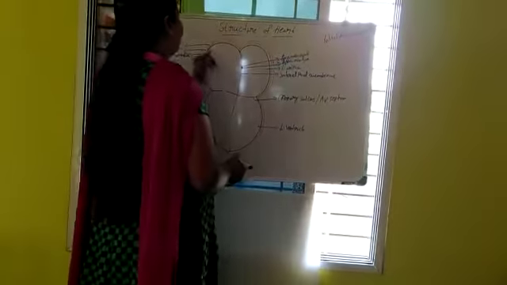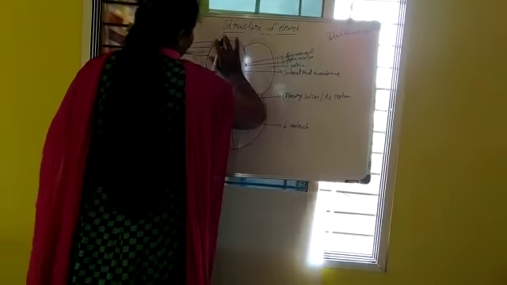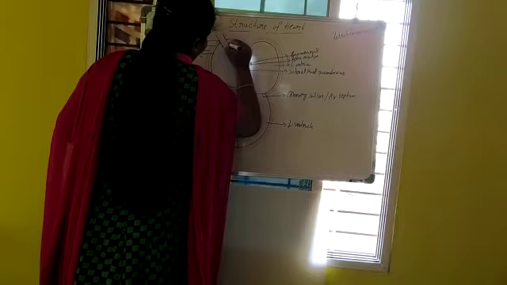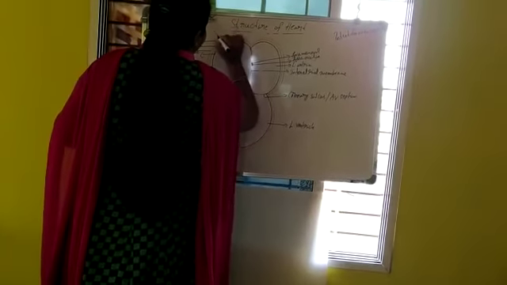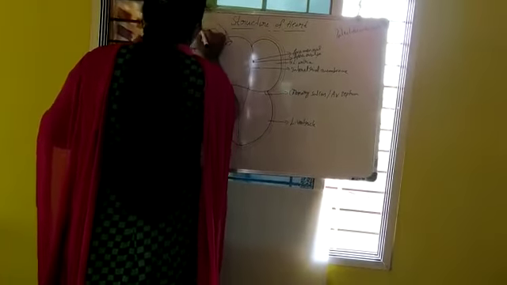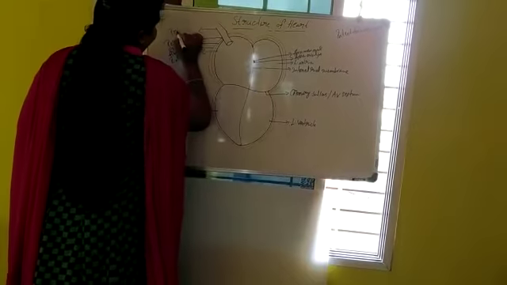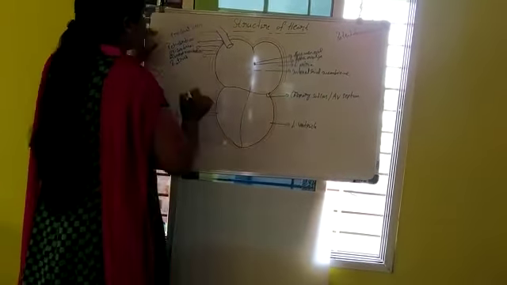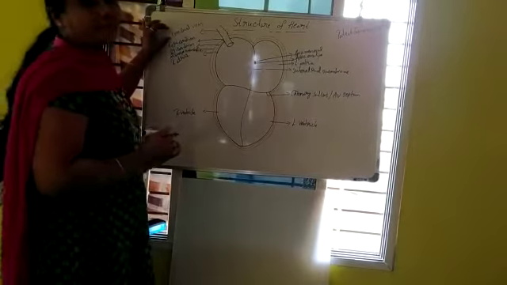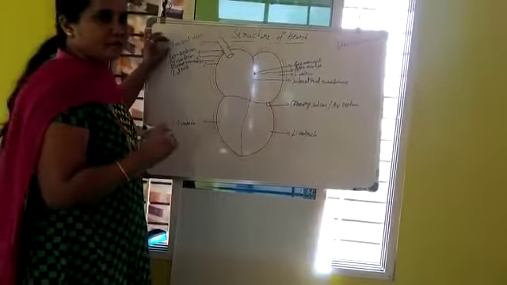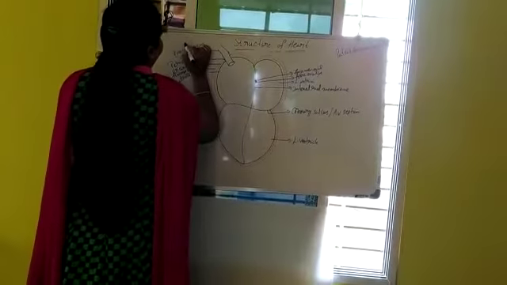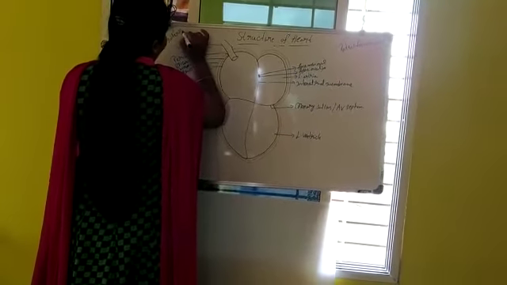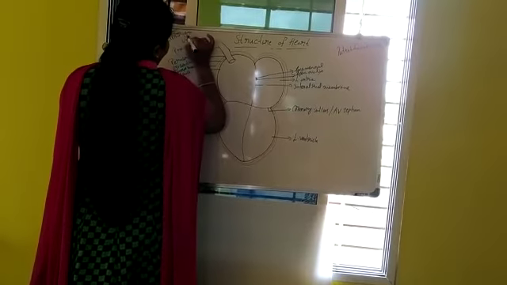Next, coming to the right atria. The right atria has a big precaval vein. This precaval vein we can also call the anterior vena cava.